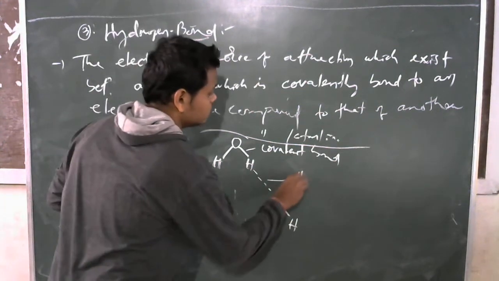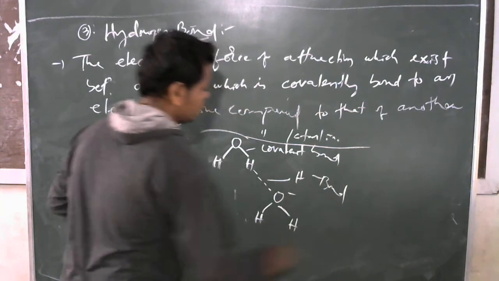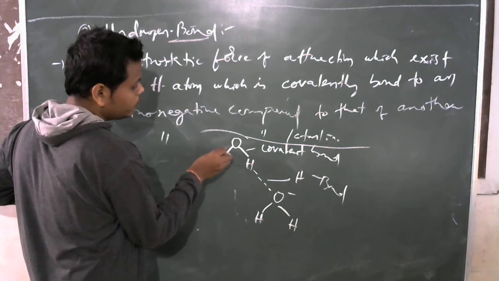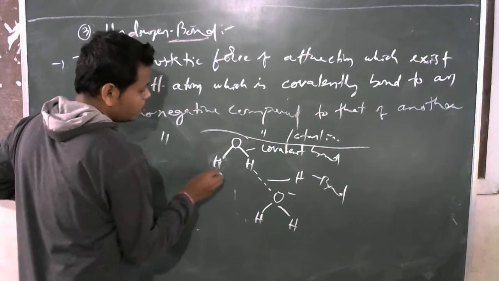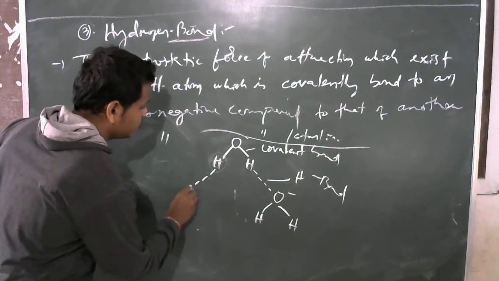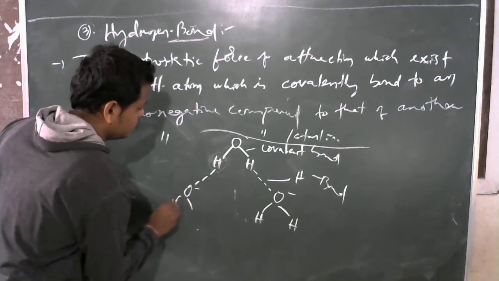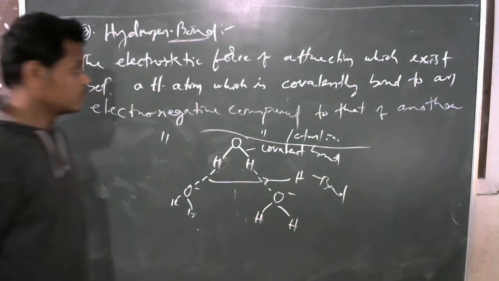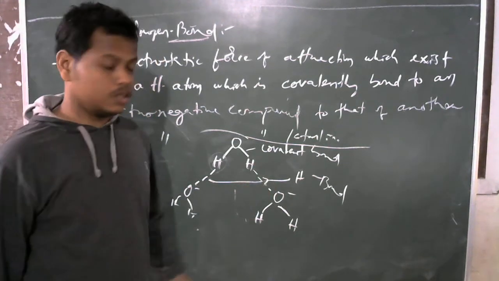So this is the hydrogen. Here also, this is the hydrogen atom which is covalently bonded to an electronegative compound. When this forms another bond with another electronegative compound, that will be a type of hydrogen bond. Okay, so this is the concept of hydrogen bond.